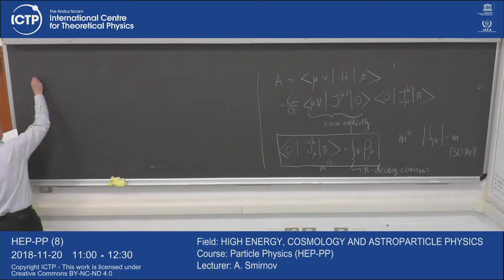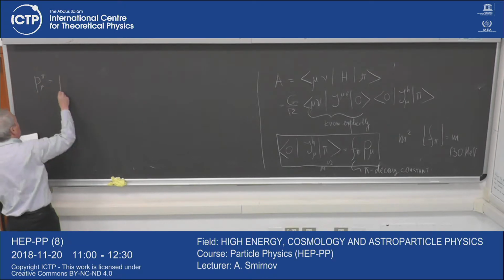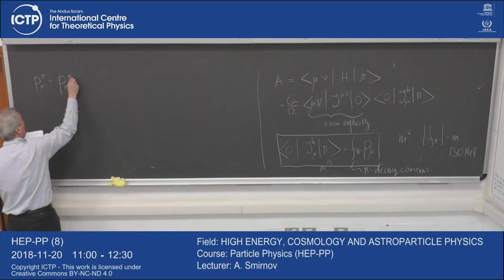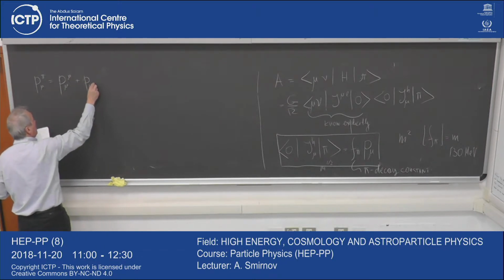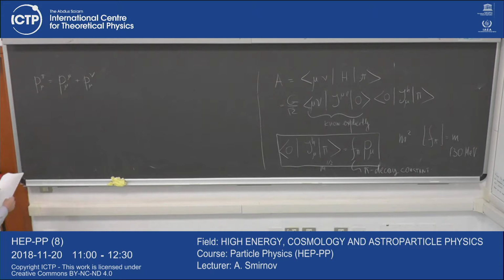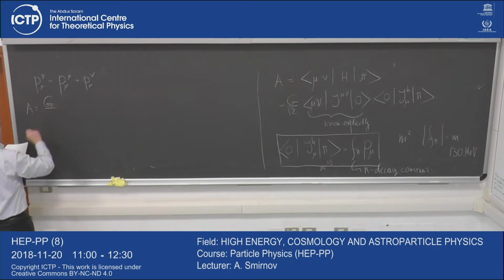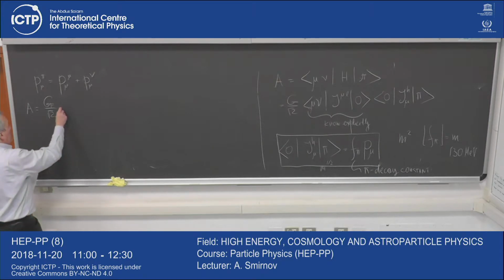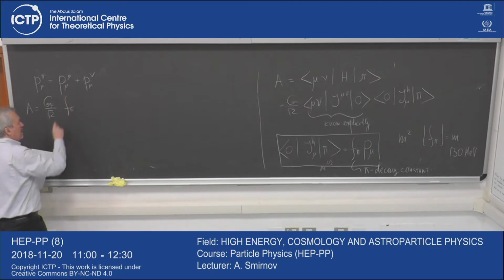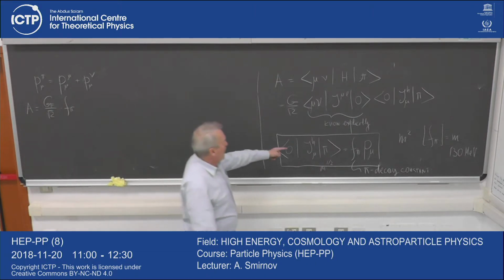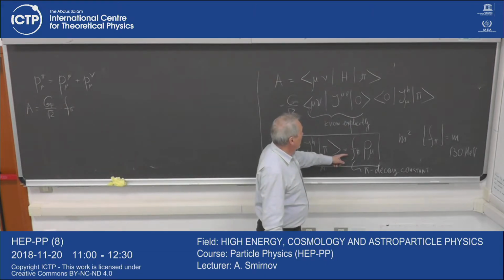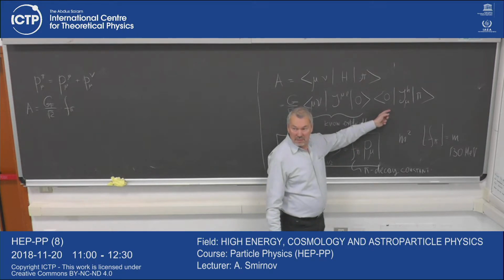So notice that the momentum of the pion equals the momentum of the muon plus the momentum of the neutrino. Using this, you can write the matrix element as G_F square root of 2, then F_pi, which comes from this when we insert here, right?